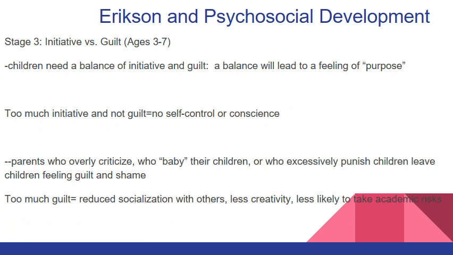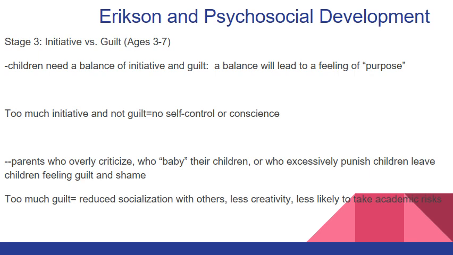It is important, though, during this stage that children have a balance of their initiative and guilt. And by initiative, Erikson means their free will or their own selfish desires. And then guilt would be a feeling of morality or a feeling of conscience that their actions were not appropriate.